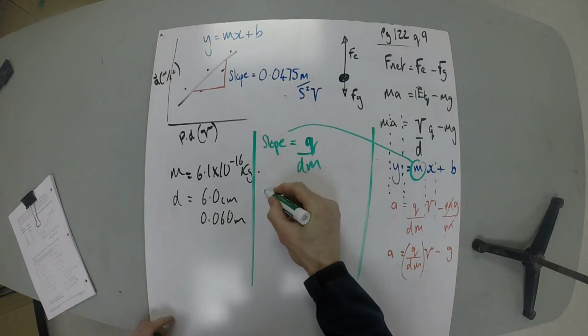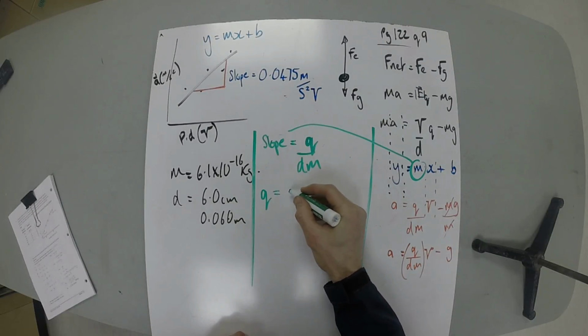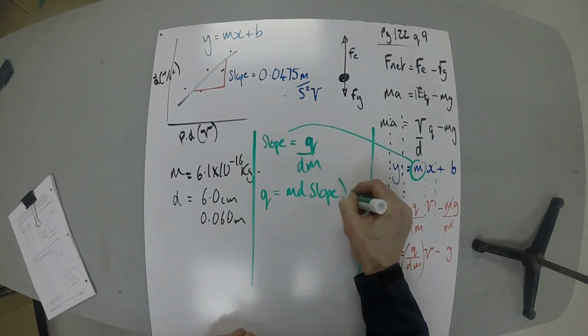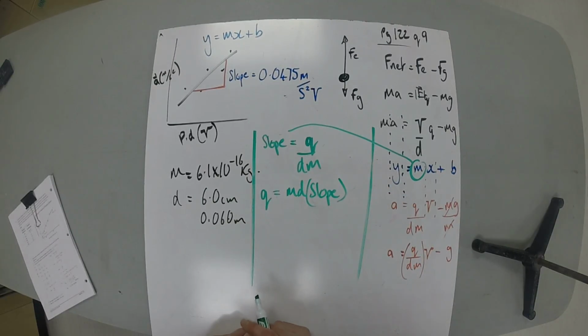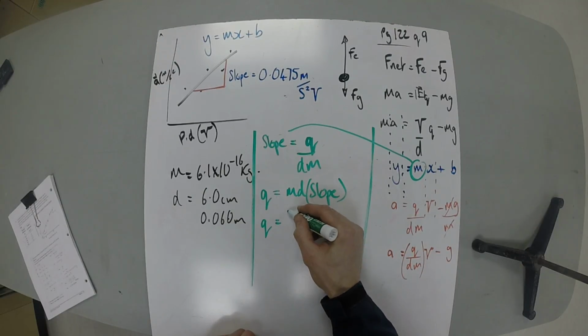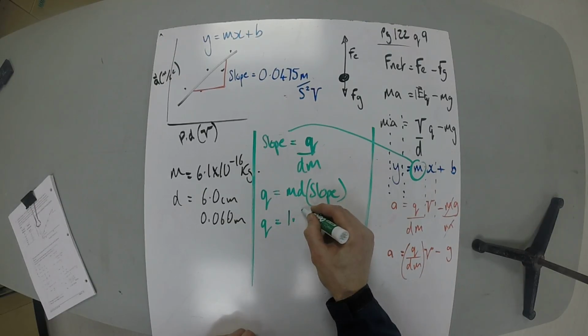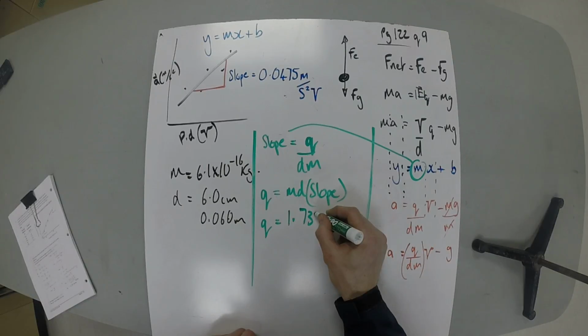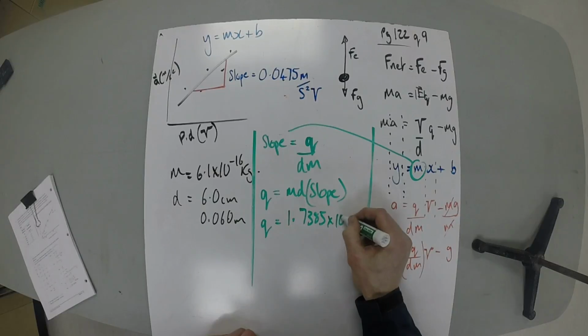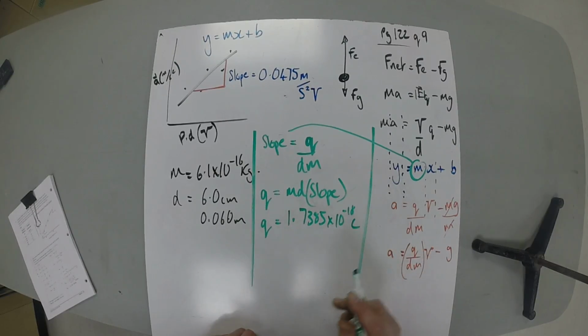So it's quite easy now to rearrange this and get dm times slope. If you plug that in, you're going to get a charge of 1.7385 times 10 to the negative 18 coulombs.